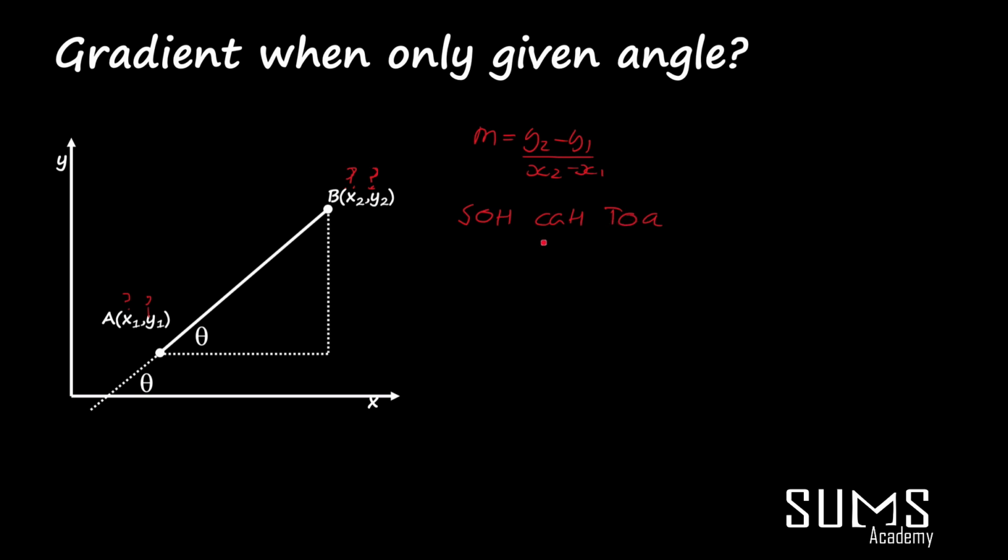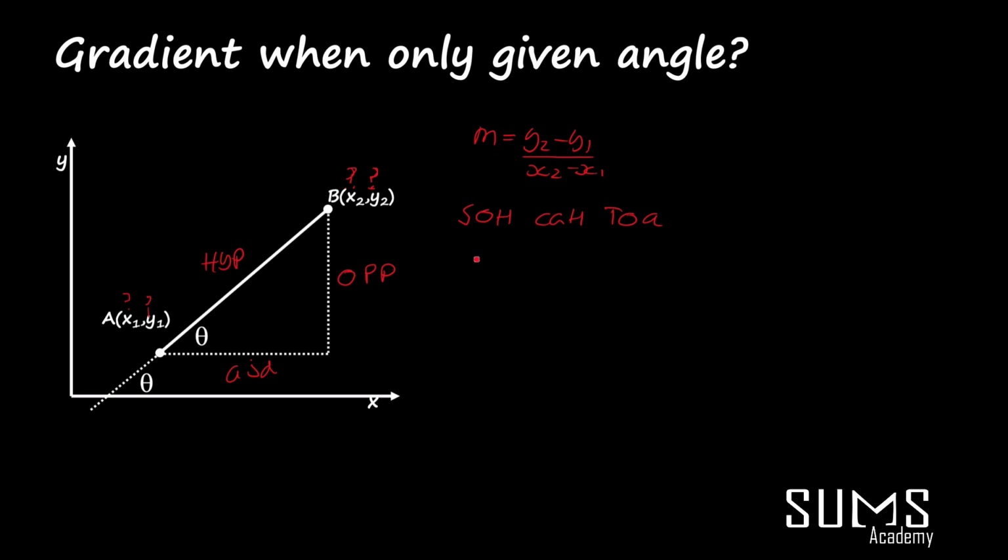So do we have any information about the opposite or the adjacent or the hypotenuse? What you might spot here is we actually know information about the opposite side, because that's just the difference in the two y points.